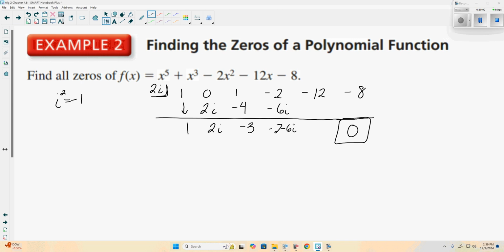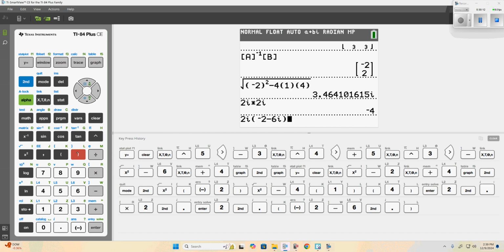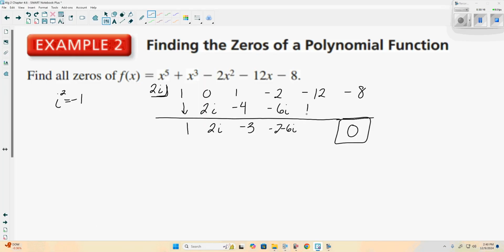Now at this point, again, we have to multiply by 2i. So we have 2i times negative 2 minus 6i, which is 12 minus 4i. Negative 12 plus 12 minus 4i. Well, the 4i is not like terms, but the negative 12 plus 12 gives us 0, negative 4i.